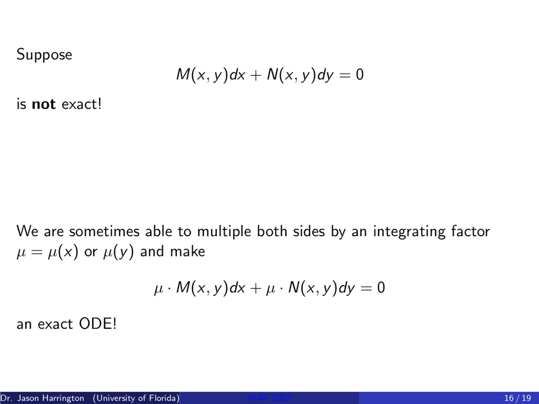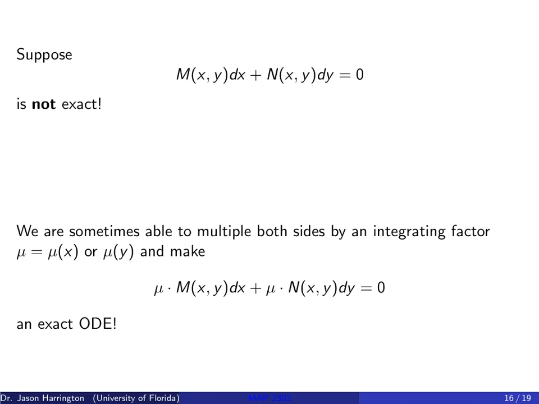Now, just like last lecture, I said sometimes things don't really work out the way you want them, but what you can do is use what's called an integrating factor. Multiply everything through by an integrating factor and just fix it. So in this case, suppose we have a function of x and y times dx and a function of x and y times dy, but it's not exact.